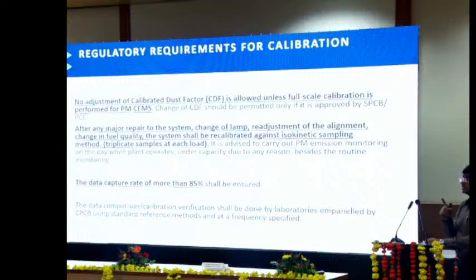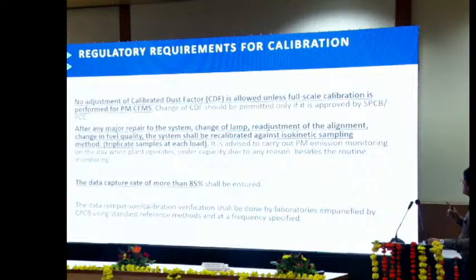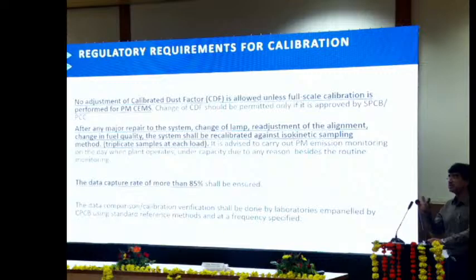If readjustment has taken place, you need to report that. Change in fuel quality, the system shall be recalibrated against isokinetic sampling method. Once again, triplicate samples at each one. So these are the points which you have to keep in mind, that merely changing them will not serve. You need to recalibrate your system, and then you have to report to the authorities also.